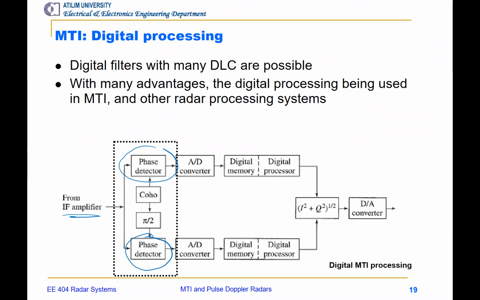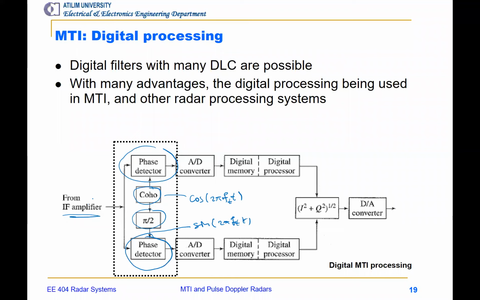Each phase detector is fed by a coherent oscillator, COHO, as we have already shown in the MTI block diagram last week. You may imagine that that's a cosine at a frequency, let's say, f(t). A pi over 2 phase shift produces a sine at the same frequency.